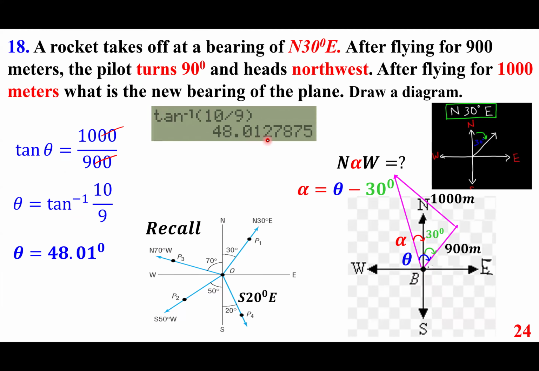In any event, what is alpha? This number minus 30 degrees. So 18.01. So you say north alpha, 18.01 degrees west. That's how we come up with the answer. It is extremely simple, everybody.